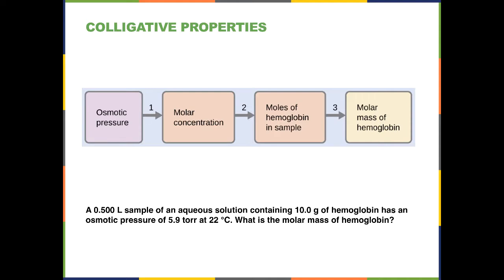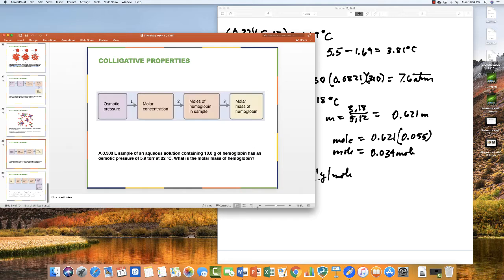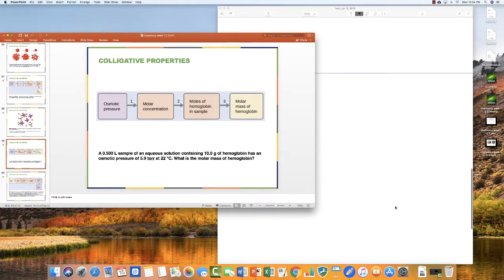You start with the osmotic pressure. Using the osmotic pressure, you can find the molar concentration. Then, using the molar concentration, you can find the number of moles, and lastly the molar mass. So let's look at how we would do that on this sheet of paper here.